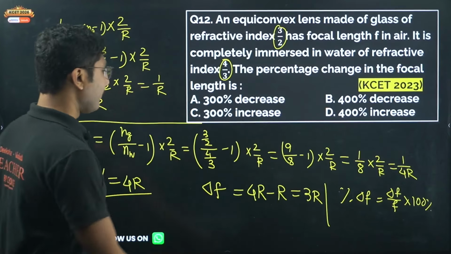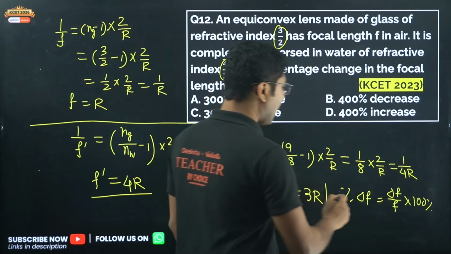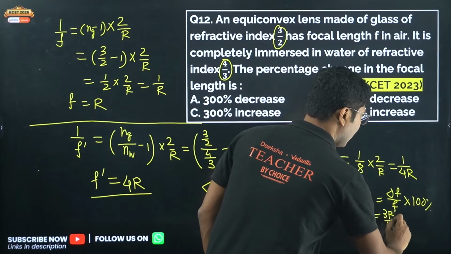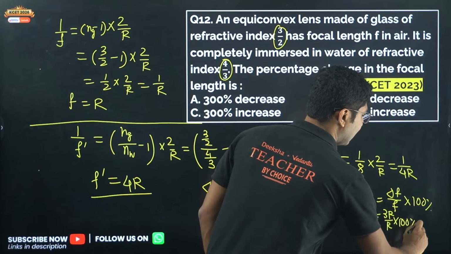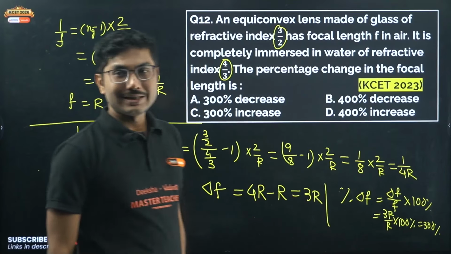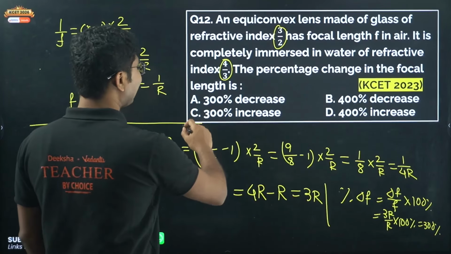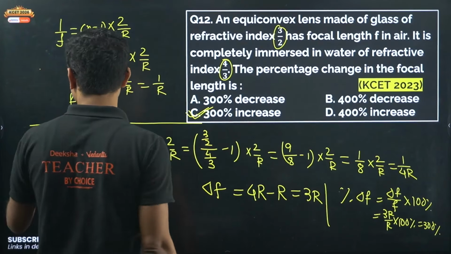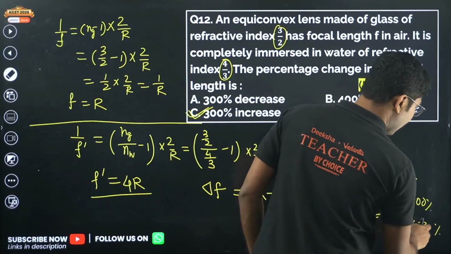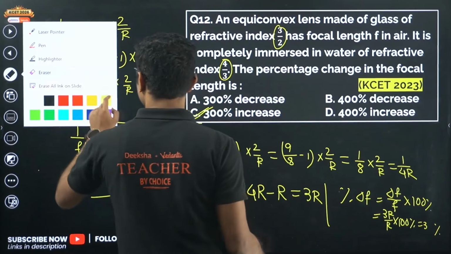Delta f is 3r, initial was r, so 3r by r into 100%, that is 300%. So correct answer is 300% increase. It is not decreasing, it is only increasing. So we can say 300% increase.